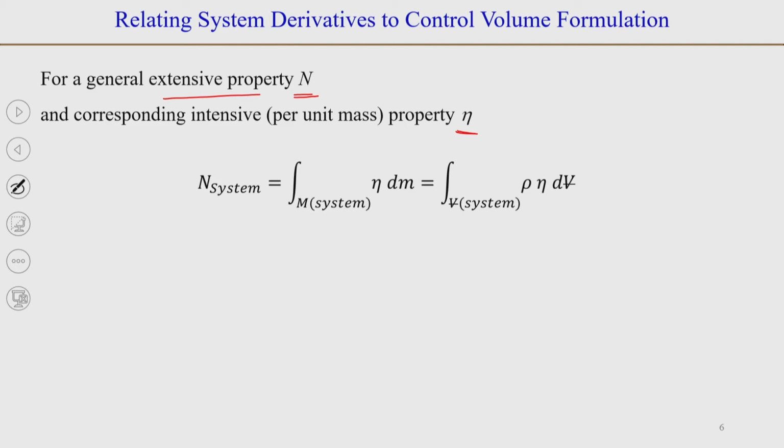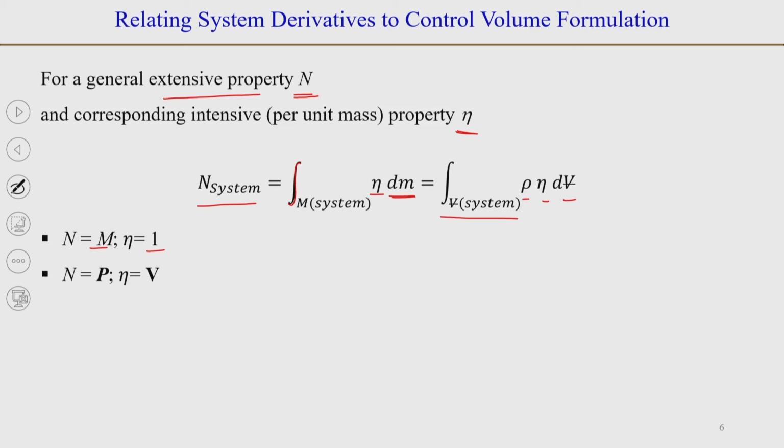In differential terms, capital N of the system is equal to the integral over the system of eta dm, where m is of course mass, or if we write dm in terms of rho dV, then this will be equal to the integral over the volume of the system of rho eta dV. Let us see, if we are talking about mass of the system, then eta will be mass divided by mass, which is 1.